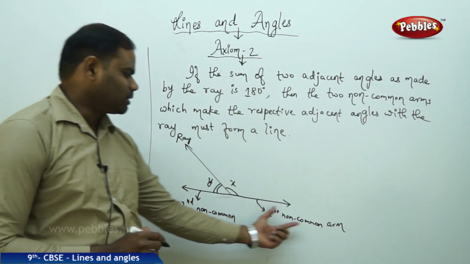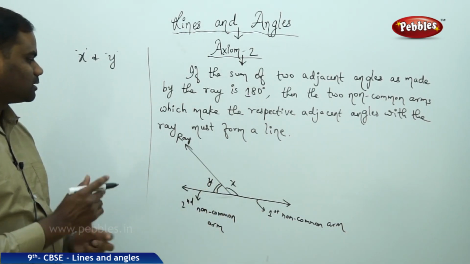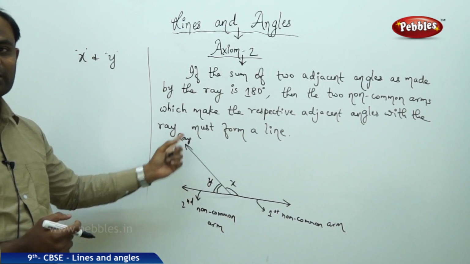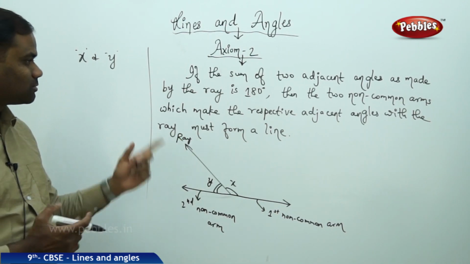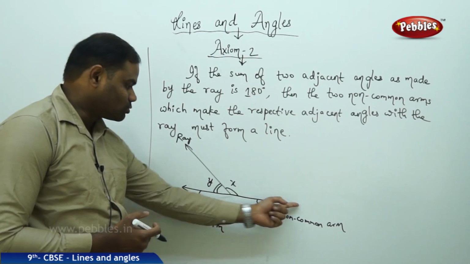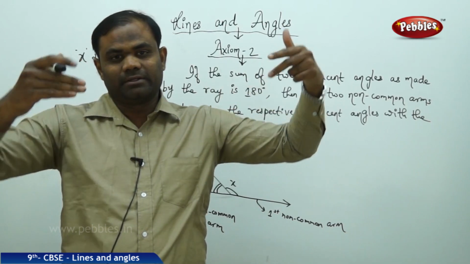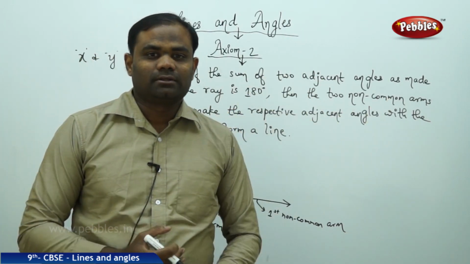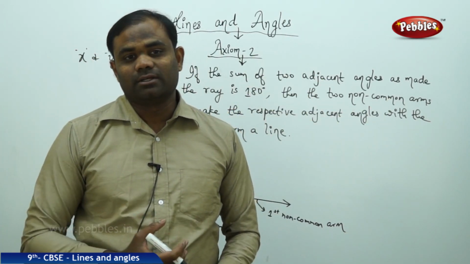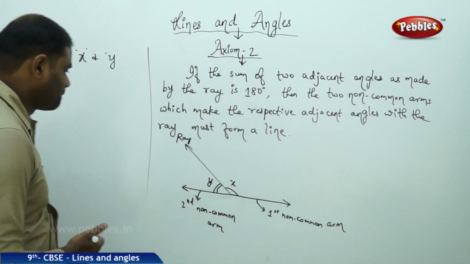So the first non-common arm makes an angle x with the ray, and the second non-common arm makes an angle y with the ray. Now axiom 2 states that in such a case where x and y are adjacent, these two non-common arms must form a straight line. They cannot be bent, they must be straight, or they form a straight line, is how the property states, axiom number 2.